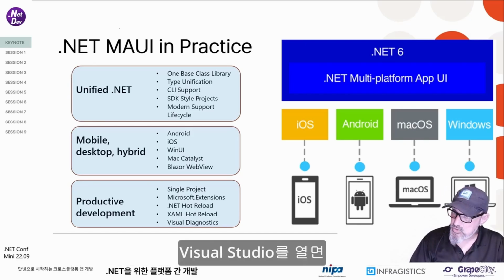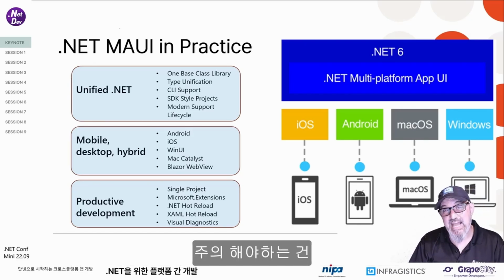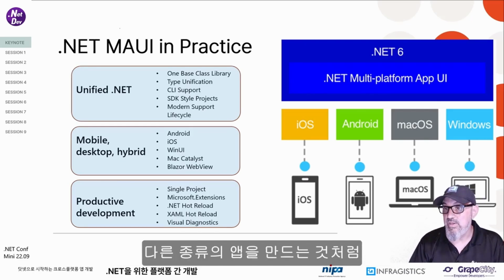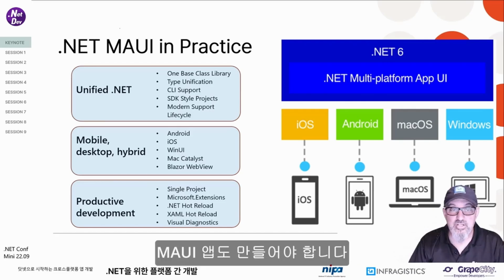So when you open up Visual Studio, and the caveat now is this works with the Visual Studio 2022 preview, you will be able to build MAUI applications, just like you would any other type of application.